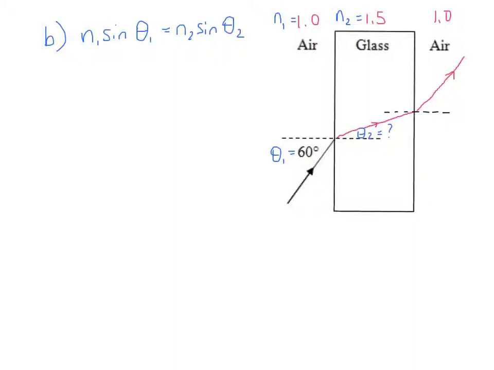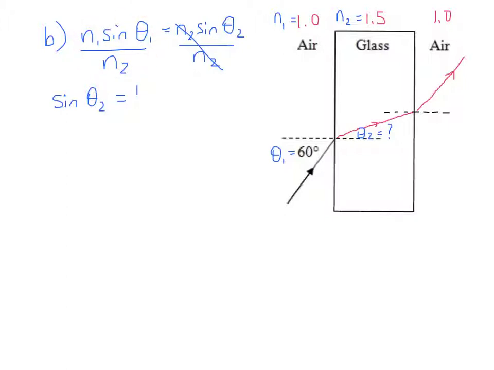So since I'm solving for the theta 2, I'm going to start by dividing both sides of the equation by n2, so they cancel out. So the sine of theta 2 is equal to all of this stuff, which I'm just going to plug the numbers in.